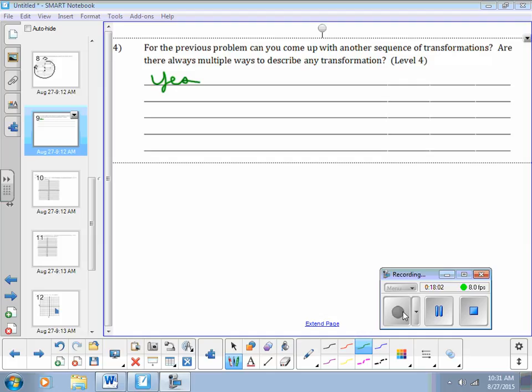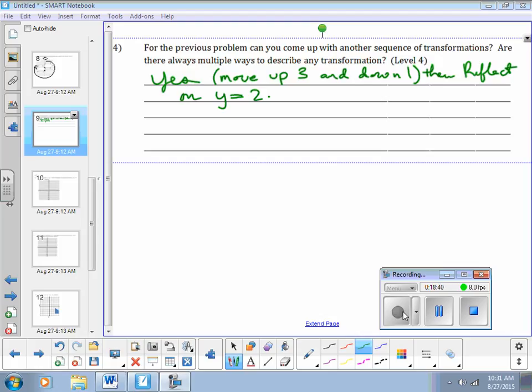Yeah? But you have to give me an example, so I'm going to go ahead and put one. Yes. Move up 3 and down 1 and reflect on y equals 2. That's just an example. Okay? That is not the only example you could have used, okay? I'm just throwing one out. Okay?